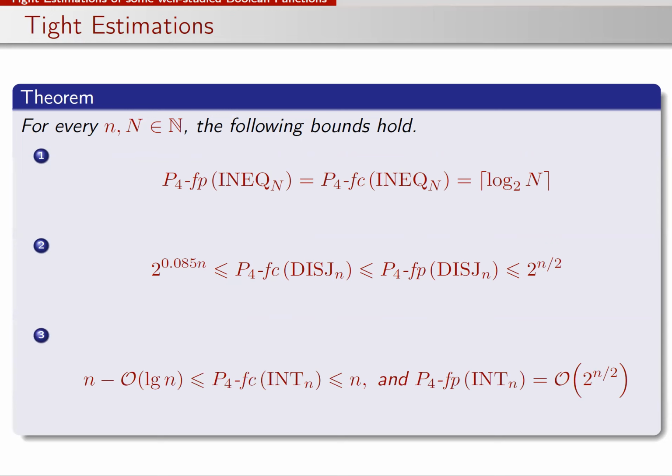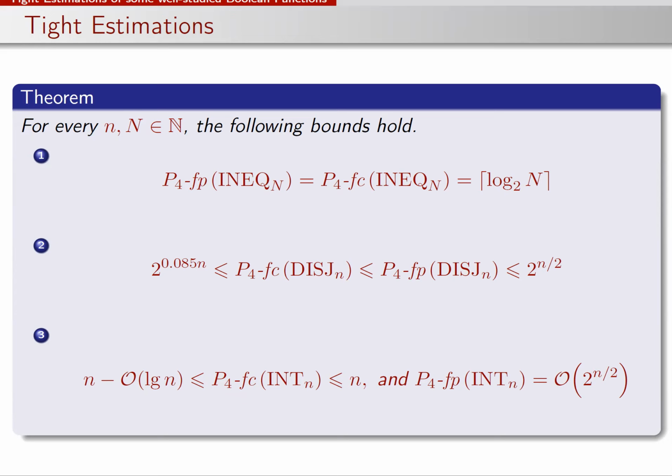And finally, and most interestingly, we prove that the P4-free cover number of the intersection function is roughly n. And the P4-free partition number of the intersection function is 2 to the power of n by 2.